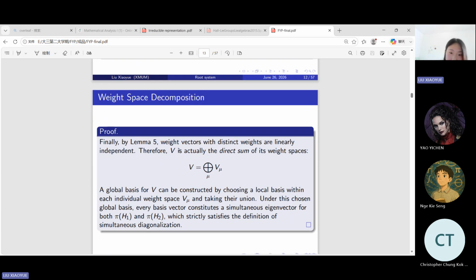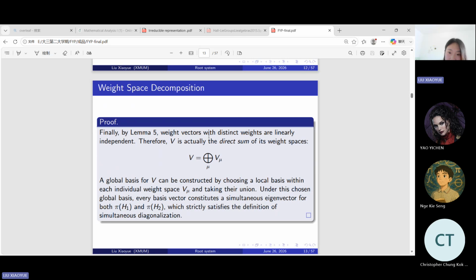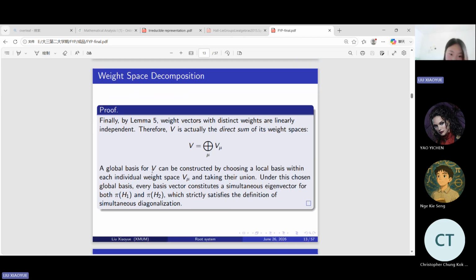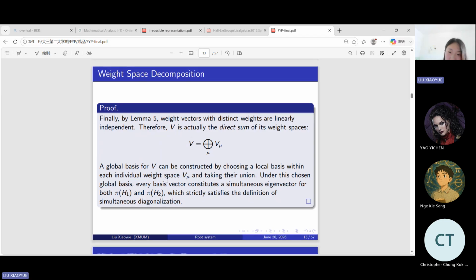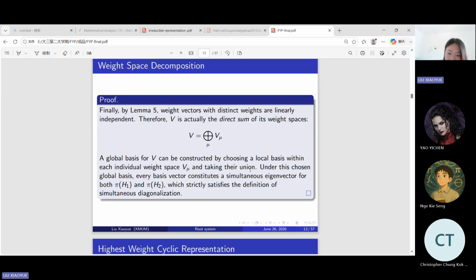And for the direct sum, we know that weight vectors with distinct weights are linearly independent, so V can be expressed as the direct sum of its weight spaces. A global basis for V can be constructed by choosing a local basis within each individual weight space and taking their union.